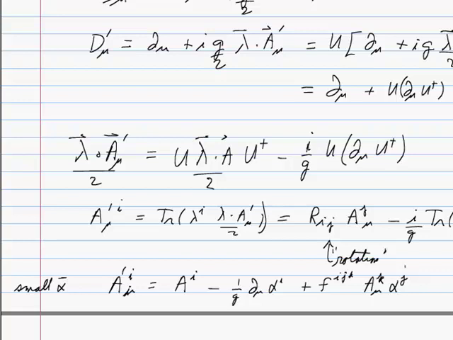Think of this in SU(2): this is an epsilon tensor, so this is like a cross product. So this is the usual rotation piece in regular space, but this is an n-dimensional space.